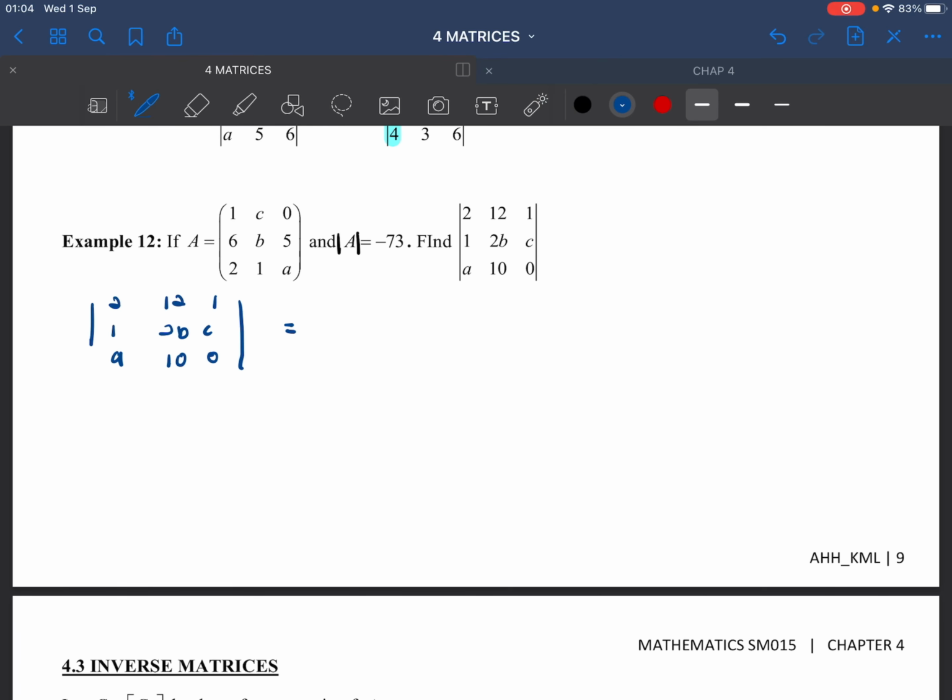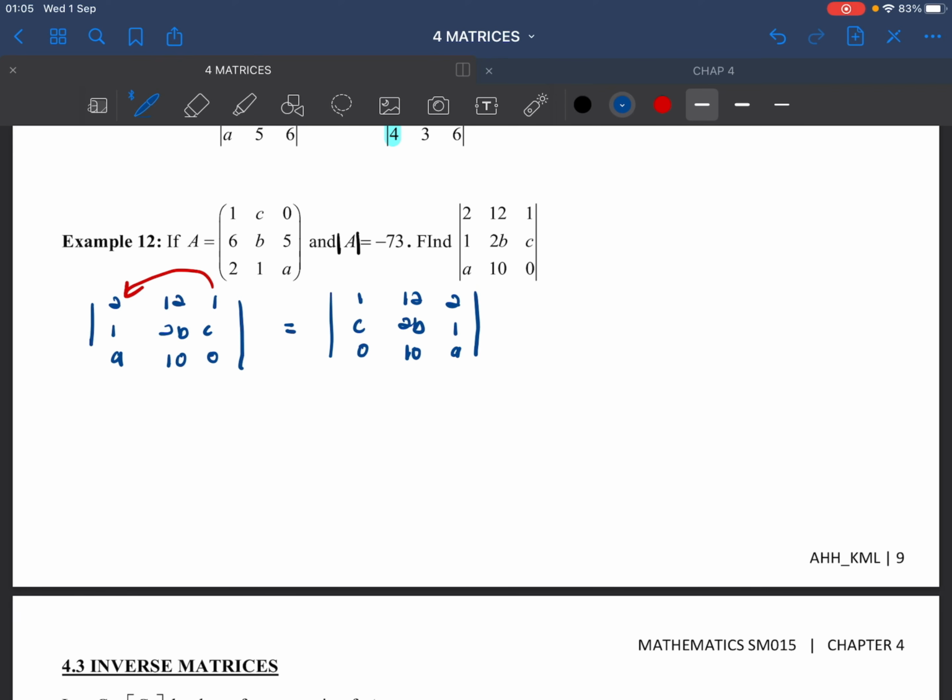So how about we move our third column into the first column? Let's say if we move 1C0 here, okay, interchange from the third column to the first column. So we will have 1C0, belakang ialah 21A, tengah tak ada masalah, 12 to B, 10.